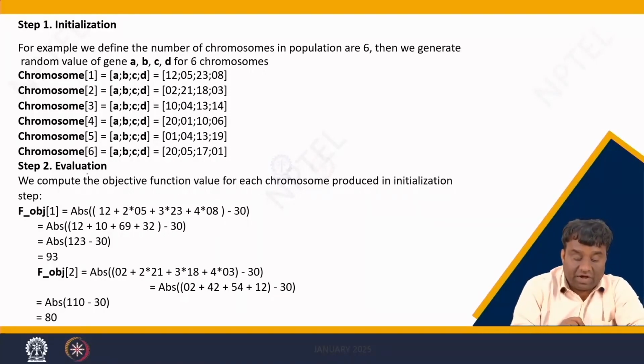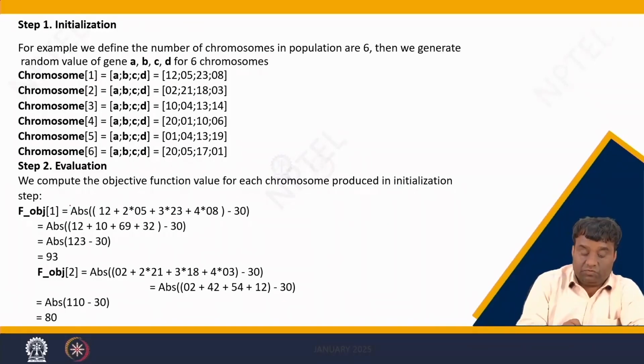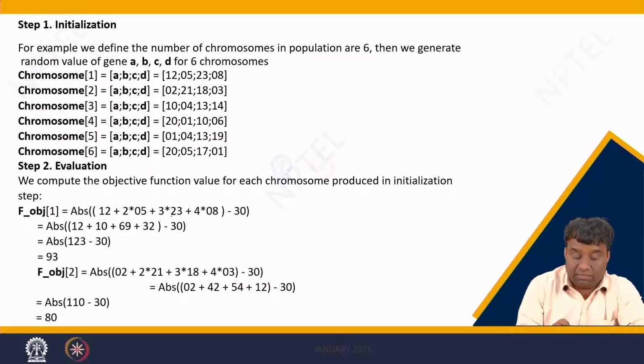So we need to find the fitness value. The fitness value of chromosome 1, that is F objective 1, is the absolute value of a plus 2b plus 3c plus 4d minus 30, so that is 12 plus 10 plus 69 plus 32 minus 30, and the absolute value is 93.